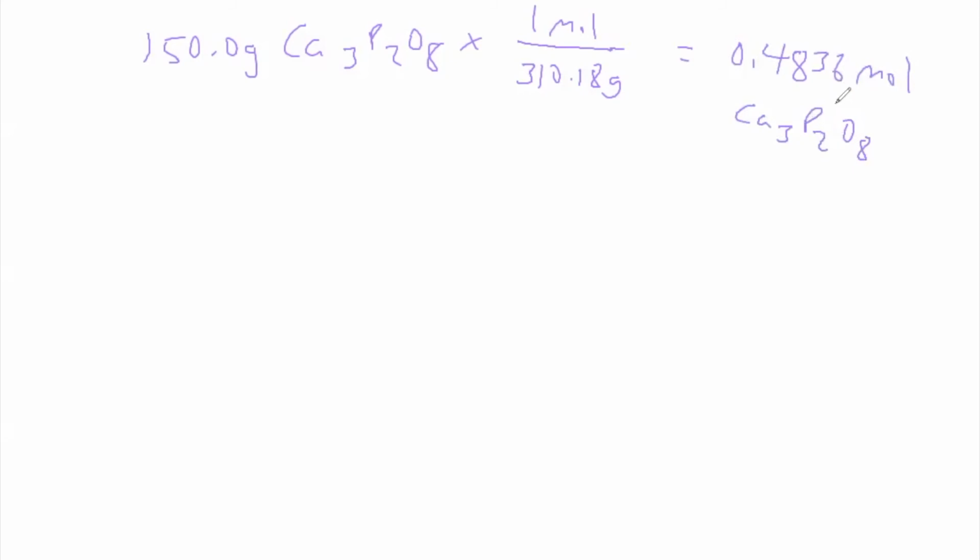Now the question is, how many grams of fertilizer can be made? And Ca3P2O8 is not fertilizer. We have to look at the reaction, and fertilizer is CaH4P2O8. We're at the equation down here.